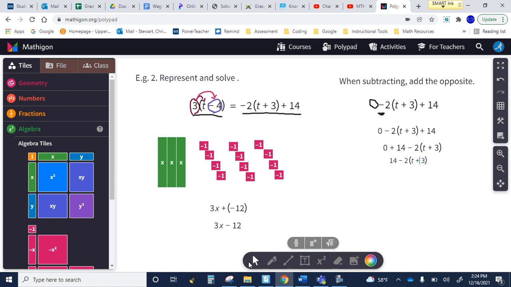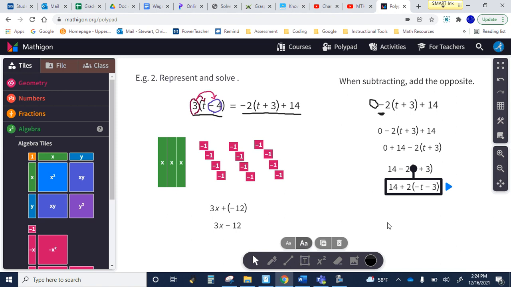Last but not least, we haven't even really applied the rule. I just want you to see that you are capable of rearranging those terms. And you might be wondering why I'm doing that. Well, here's why. When we subtract, the rule is to add the opposite. So what we'll do is we'll end up adding two groups of the opposite, so negative t minus 3.